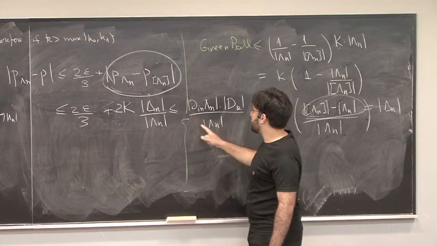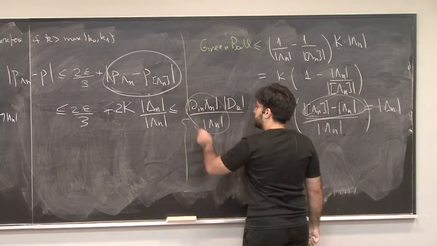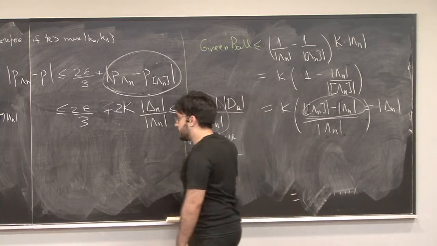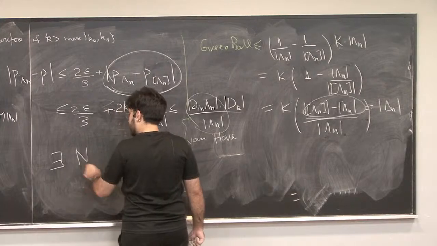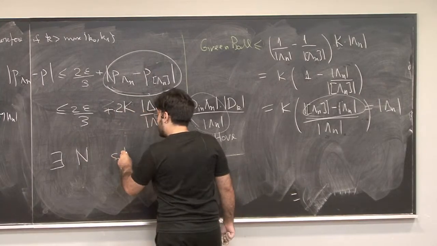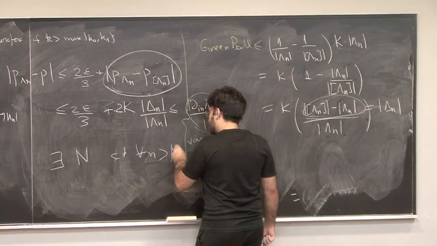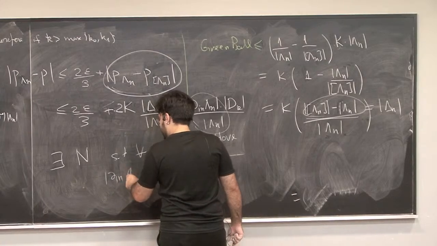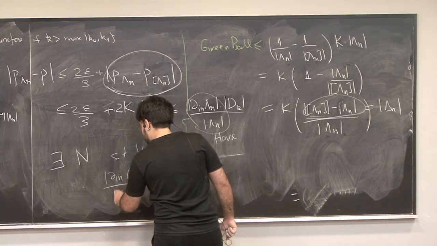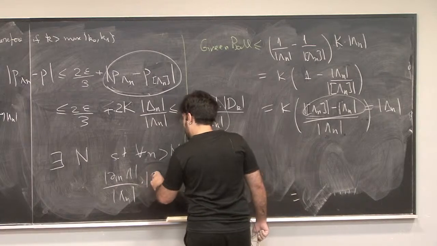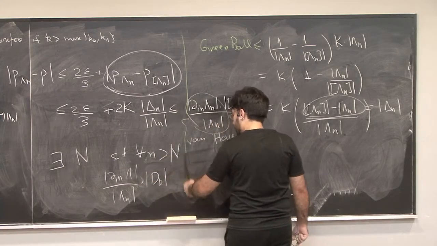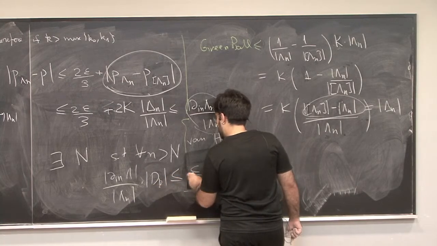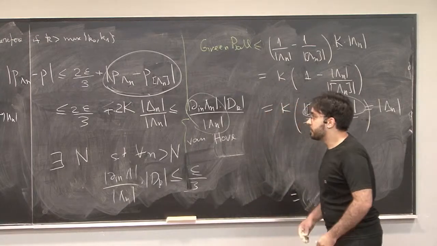Since we know that the sequence converges in the sense of Van Hove, this means that there exists a big N such that for every n larger than this big N, we have that this times dk, which is a constant because k is fixed, will be less than epsilon over 3, and then the proof is over.